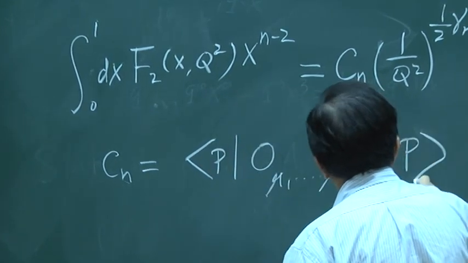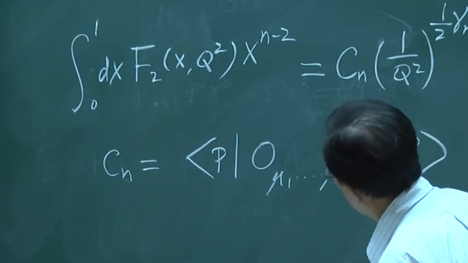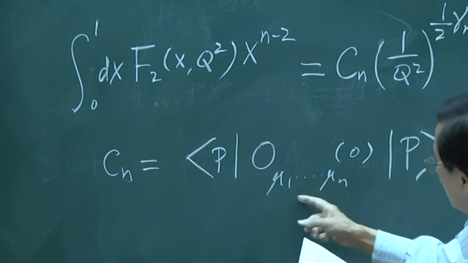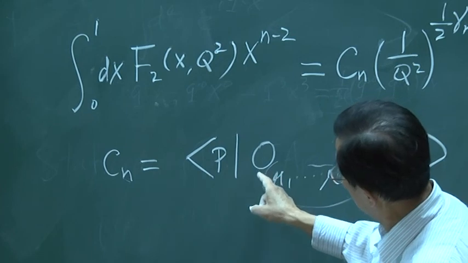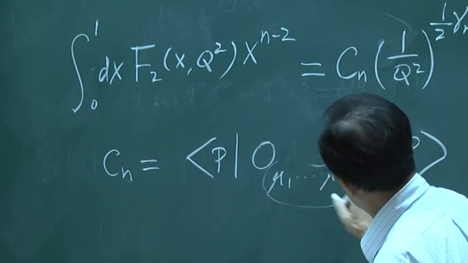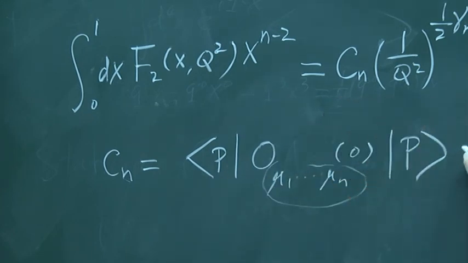It's not that simple because you have to have other indices to take care of. But basically it's the matrix element of this operator in this state and taking care of some momentum.